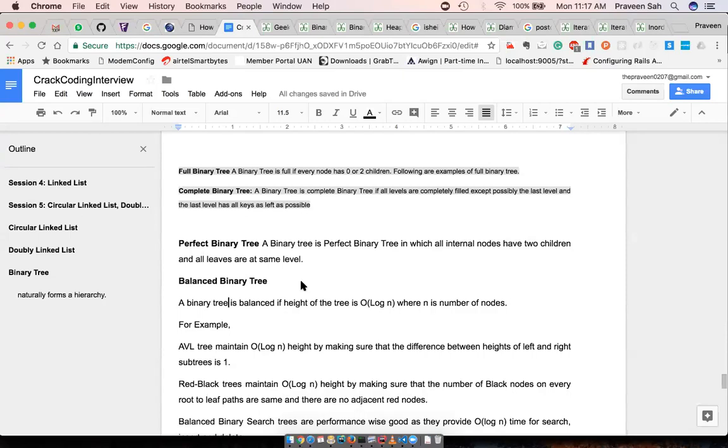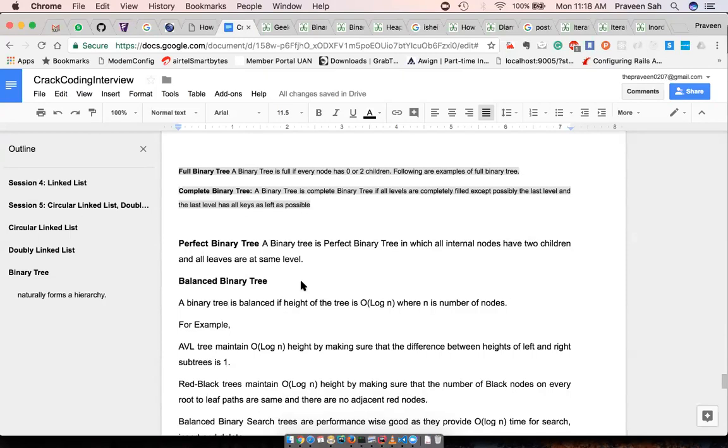Now, if we have a tree which is very skewed, we will not have the benefits of creating a tree. The benefits of a tree come only when it is close to complete or perfect. The closer it is to a perfect structure, the more we have the benefits of finding, deleting, and all.